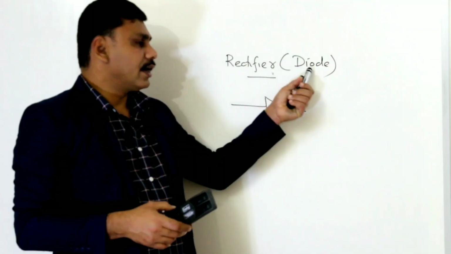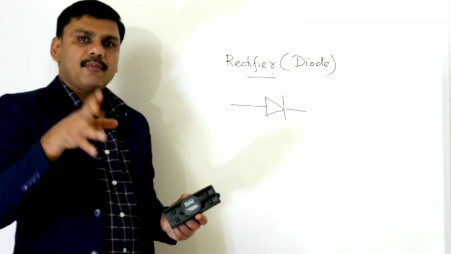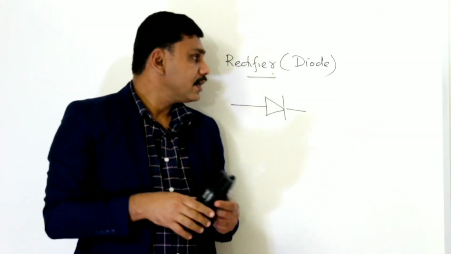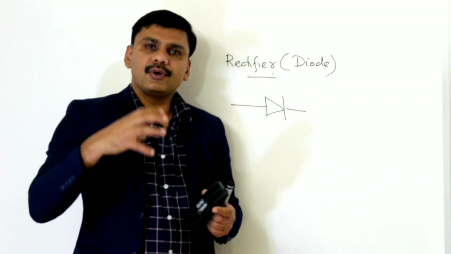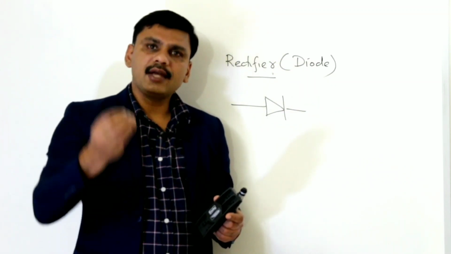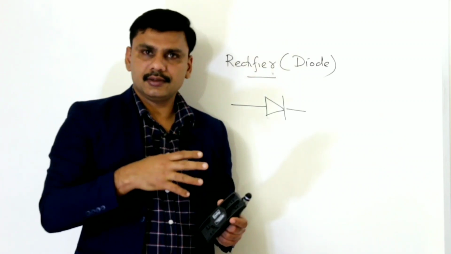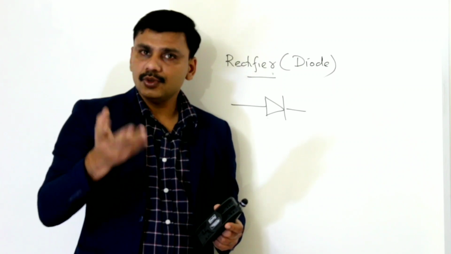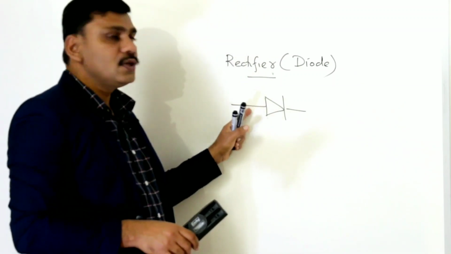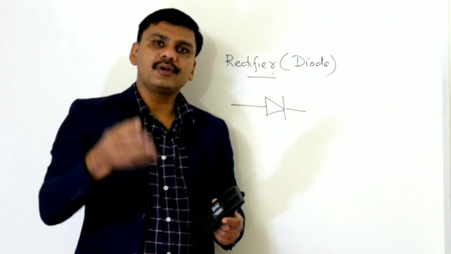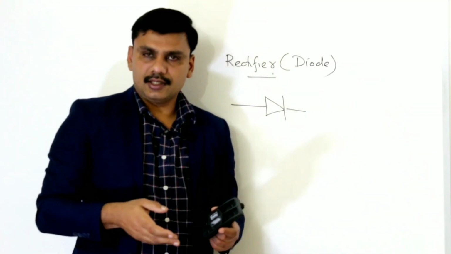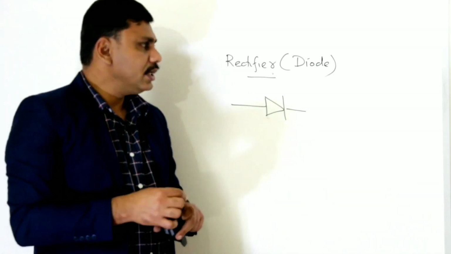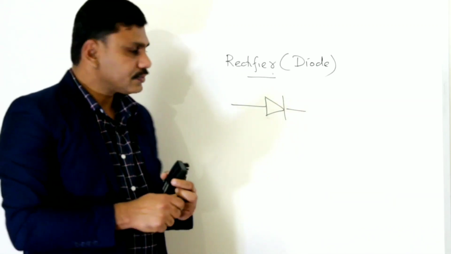So rectifier, diode is one of the components we are using in the adapter. So what is it exactly doing? A diode converts high voltage to low voltage. So this is used in a phone charger or laptop charger. So the main function is what? Actually there are two types of electricity.